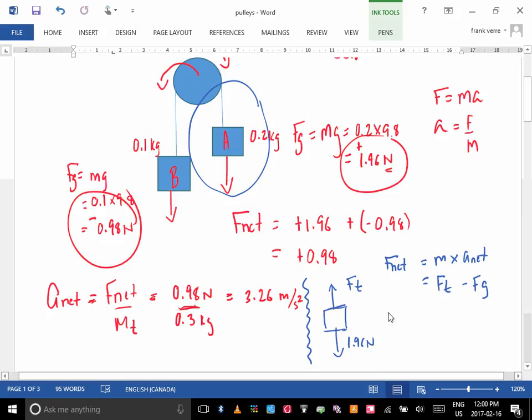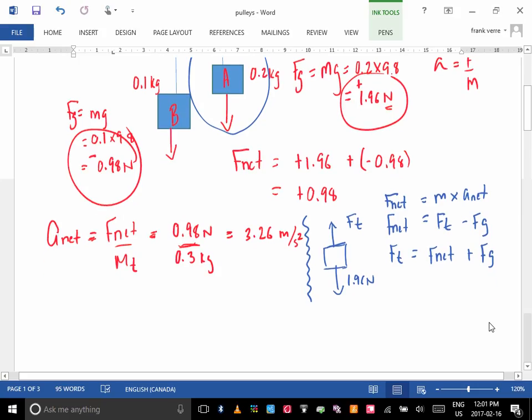You can say, well, tension is really then F net plus the weight, correct? We have two equations for F net. F net equals mass times net acceleration. And we also have F net equals tension minus the weight. Okay, so we're solving for the tension.